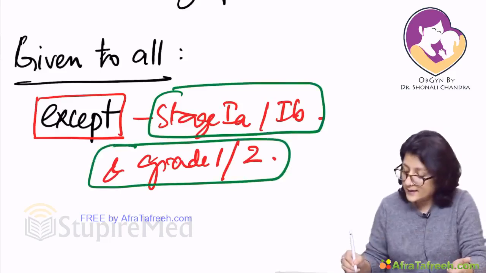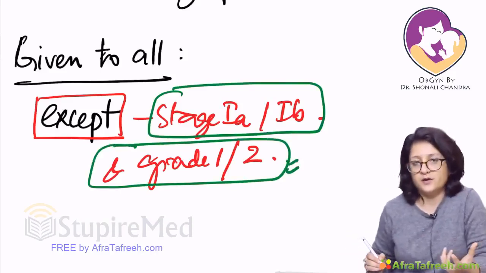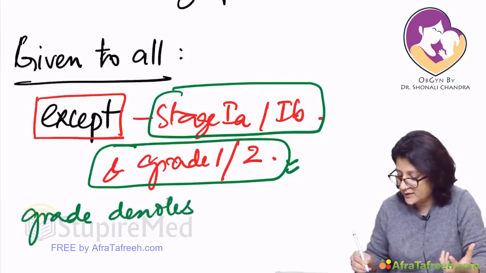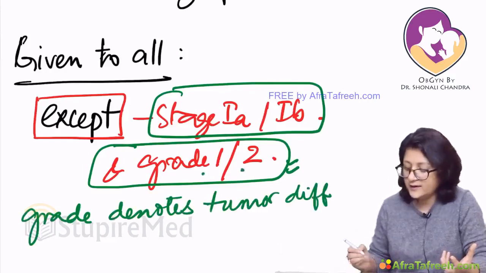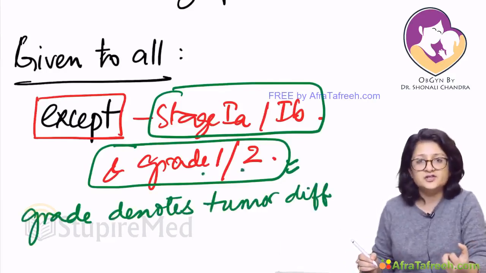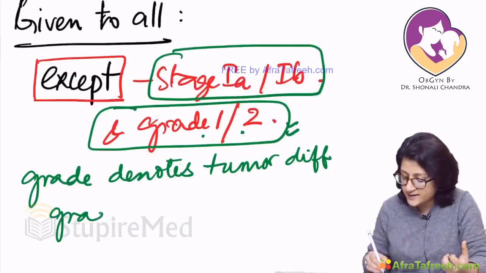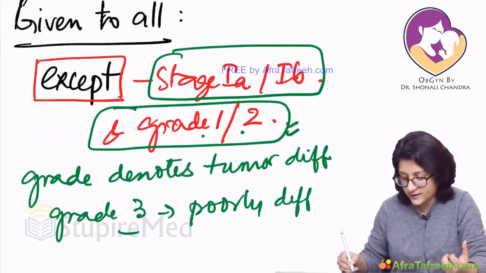Okay, so in early grades, grade basically denotes the tumor differentiation. Okay, grade denotes the tumor differentiation. So the grades 1 and 2 are the well differentiated and moderately differentiated tumors, and you can obviously say that grade 3 are the tumors which are poorly differentiated tumors.